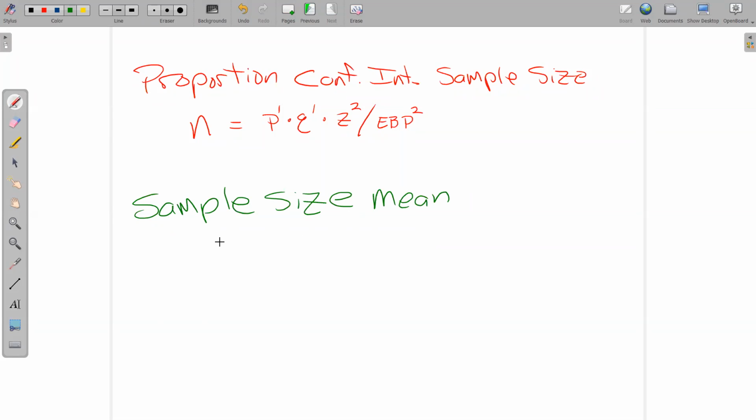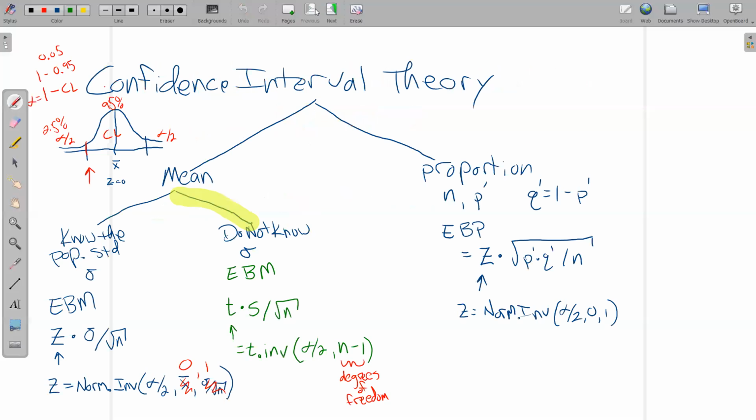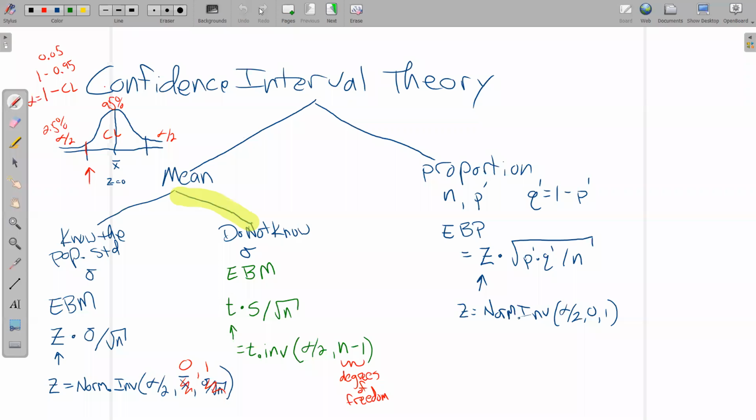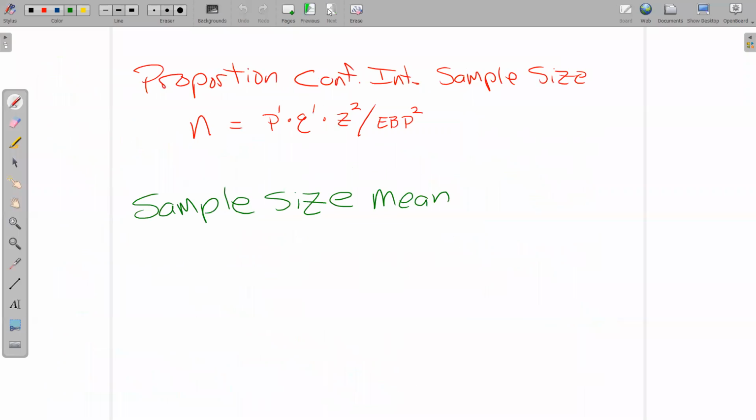Okay, so sample size for a mean, if we reverse the formula I wrote in the flow chart over here, that the error bound is equal to this right here, we have to solve for n. So let's see, I have to write that down and get it right. Okay, so the original formula was that the margin of error, the error bound on the mean, was equal to the z-score times sigma divided by the square root of n.